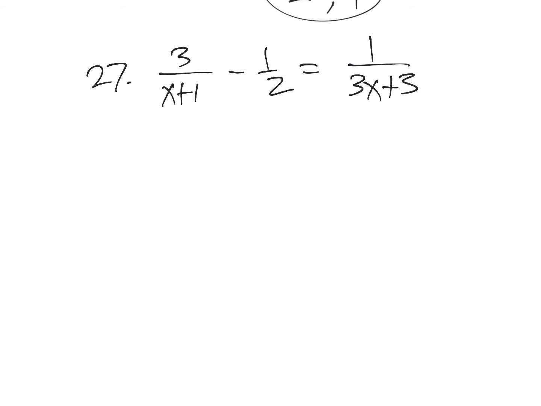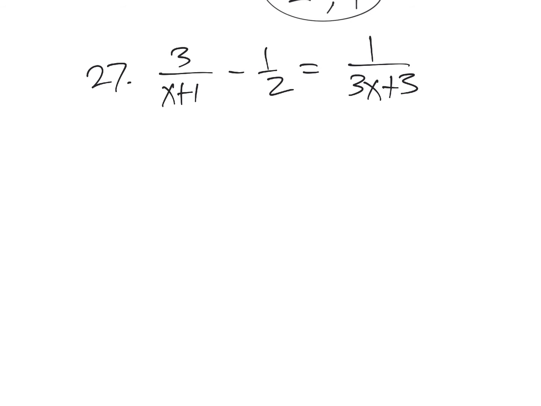All right, 27 is 3 over x plus 1 minus 1/2 equal to 1 over 3x plus 3. All right, did you start it? Yes or no? Okay, what did you do? I took all the bottoms and combined it since they didn't have like.